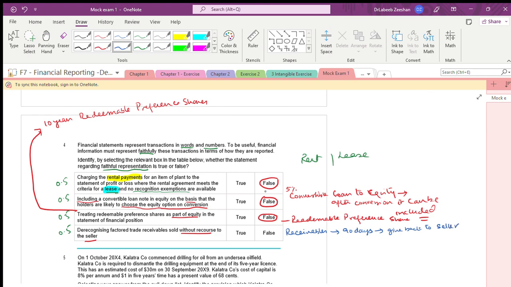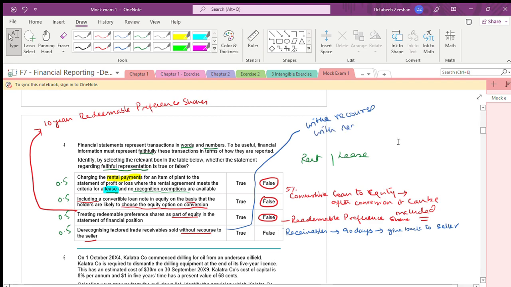With recourse and without recourse, see how it will work.